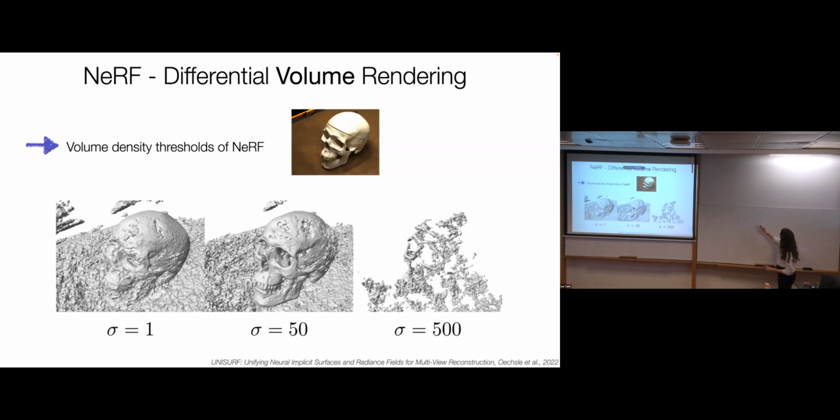Then you also input the view direction, and you have another few layers, and then the output is RGB. So you have that separated. When you query, it is true that you render an image and the loss is supervised on something that is view dependent, but the density is restricted.